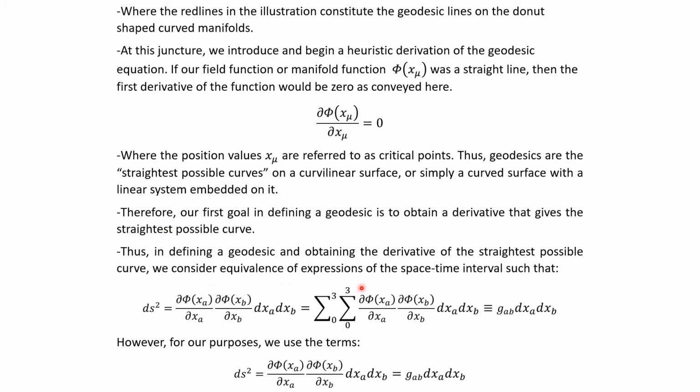Thus, in defining a geodesic and obtaining the derivative of the straightest possible curve, we consider the equivalence of expressions of the spacetime interval, where we see all the equivalent expressions here. However, for our purposes, we use the term here for the spacetime interval.